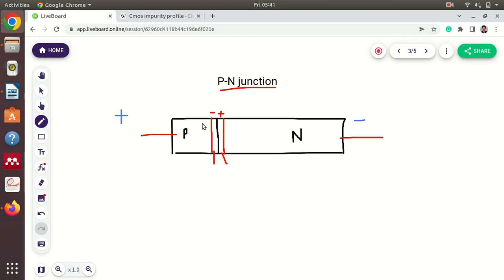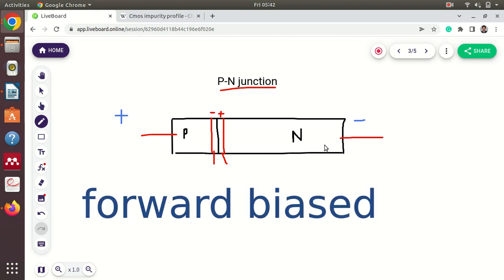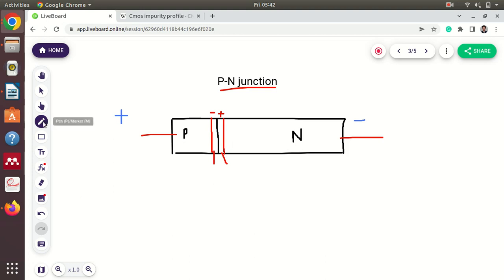Again some electrons can come towards this side. So electric current can pass through this diode, and this type of configuration is called a forward biased PN junction.